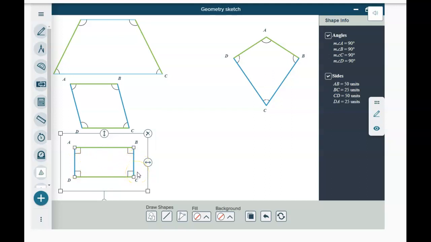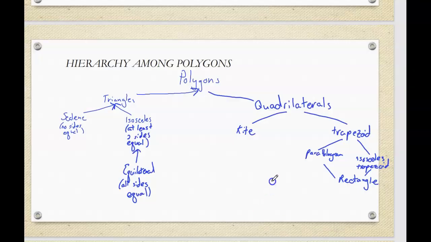So that makes it an isosceles trapezoid. But now, because these sides are both parallel, and these sides are parallel, it's a parallelogram, and that it has all right angles, it's a rectangle. So a rectangle is both a parallelogram and an isosceles trapezoid.